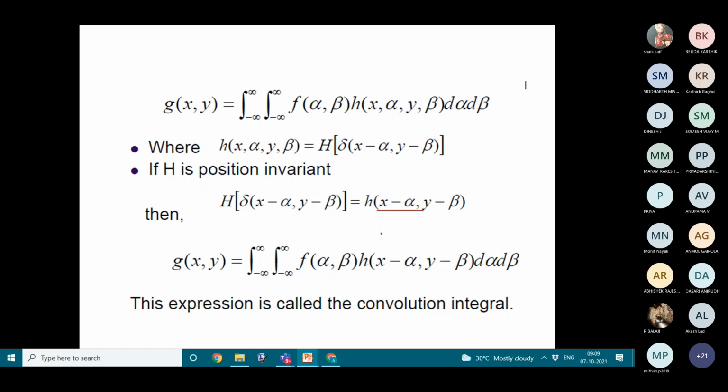Then our g(x, y) will be the integral of f(α, β) h(x − α, y − β) dα dβ. We are just substituting this here. This expression is also called the convolution integral.